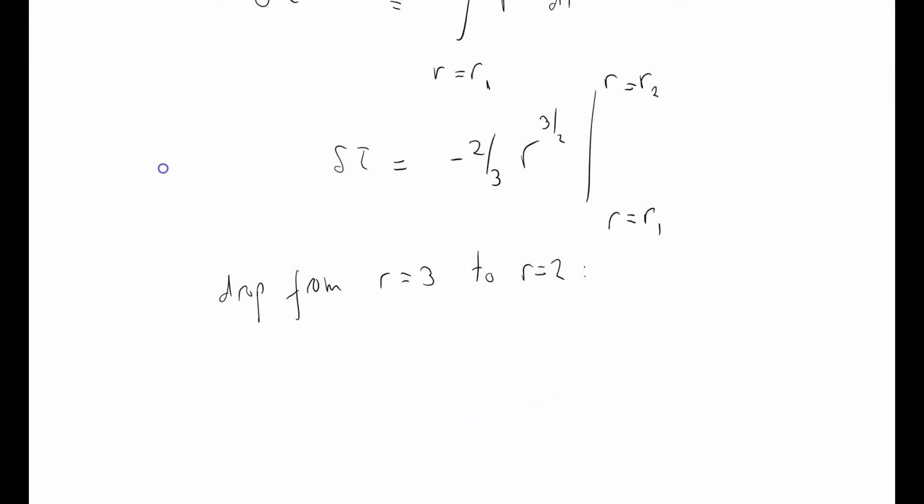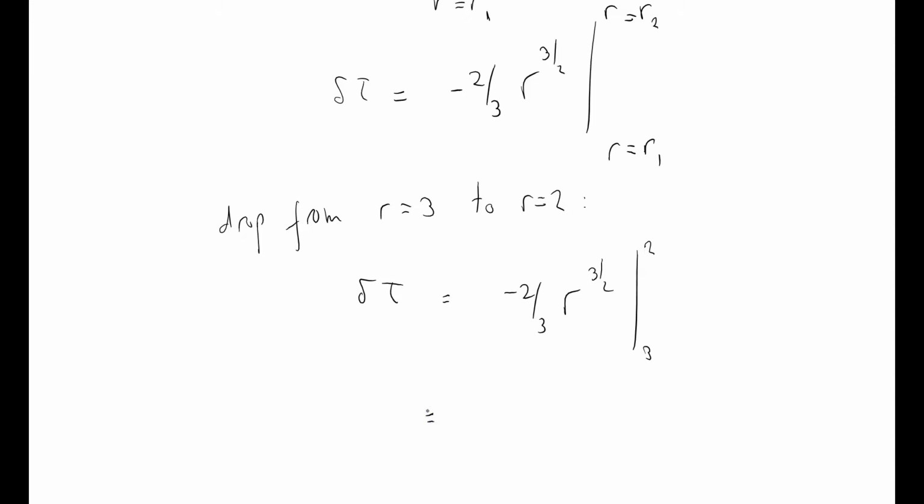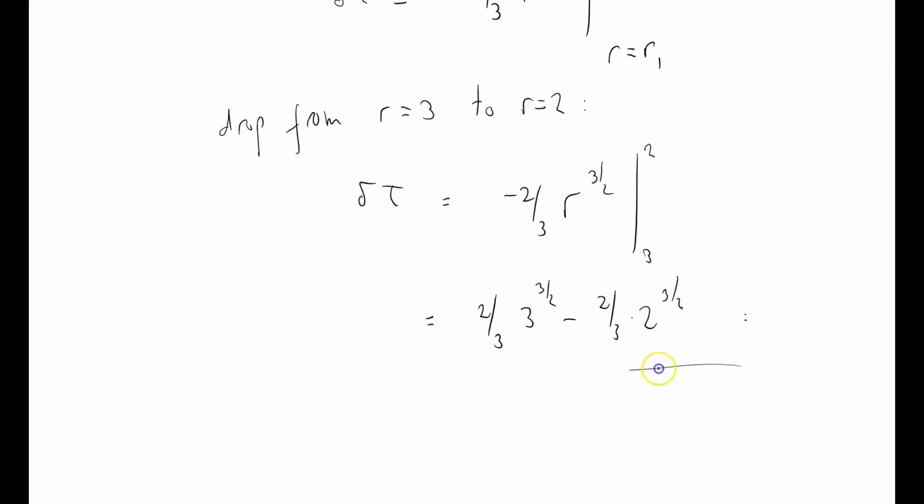The time required for that, the proper time, the wristwatch time, equals minus 2/3 r to the 3 over 2, from 3 to 2. So it's 2/3 times 3 to the power 3 over 2 minus 2/3 times 2 to the power 3 over 2, which is a nice value which I could calculate if I wanted.